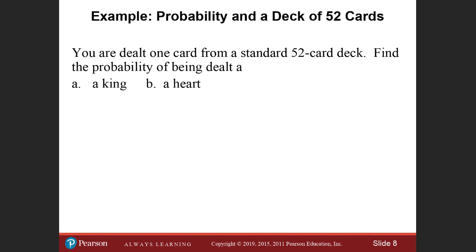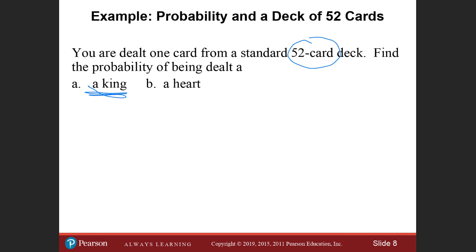Okay, so next example. You are dealt 1 card from a standard 52 card deck. Find the probability of being dealt a king. So you are trying to get a king here, and you have to count how many king outcomes you have in a 52 card deck.